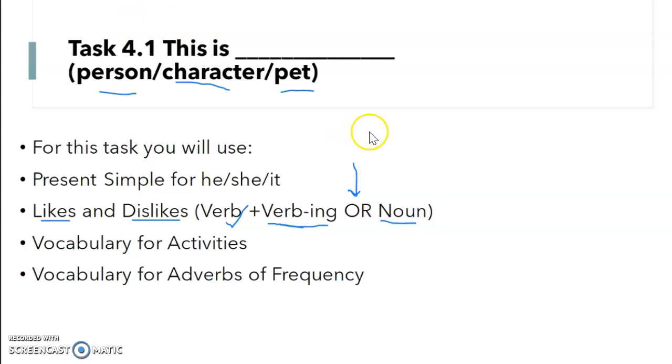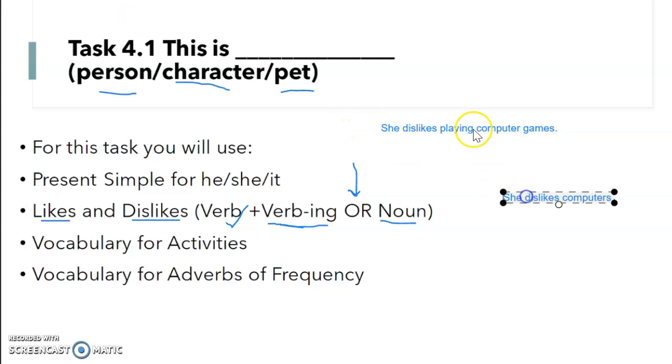For example, you could say, she dislikes playing computer games. Or you could say, she dislikes computers. Okay?